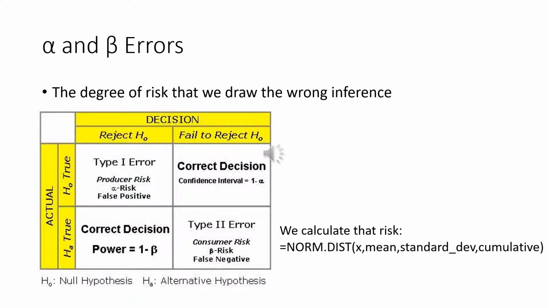Okay, remember this: the alpha and beta errors. This is the degree of risk that we can draw the wrong inference from our test statistic. So every time we do a calculation, I'm going to use the example NORM.DIST. We punch those numbers in, our point of interest, our mean, our standard deviation, cumulative or whatever, and we get a number. That's known as a p-value.